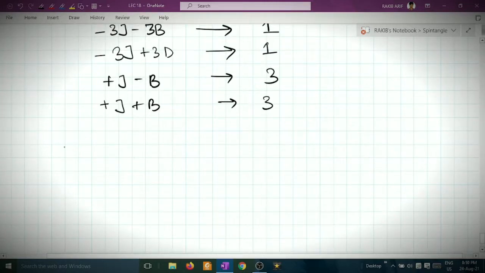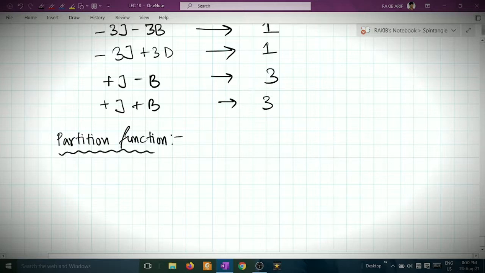So write down the partition function. What is our partition function here? We know the partition function is the summation over i of gi e to the power minus beta Ei.